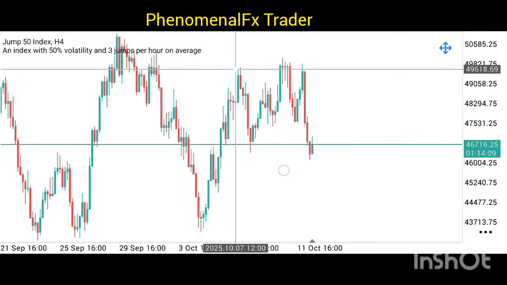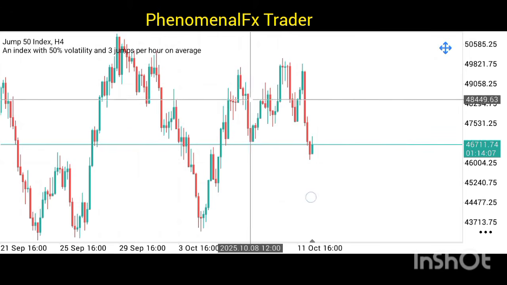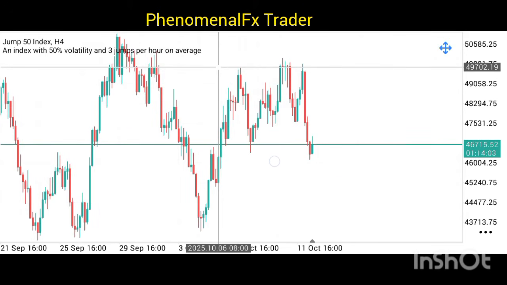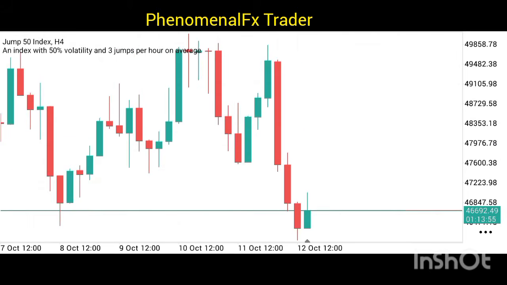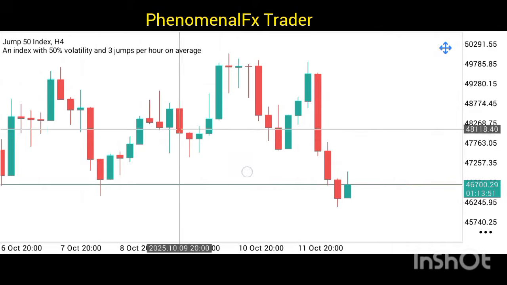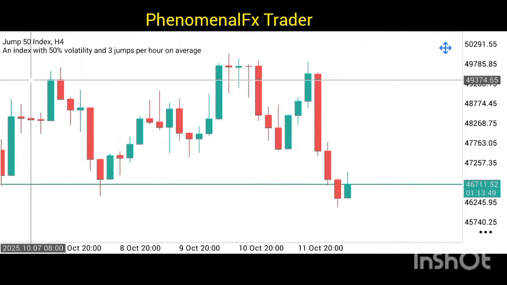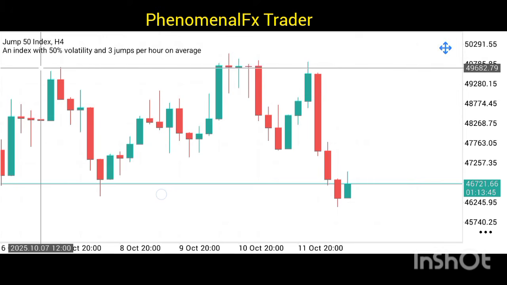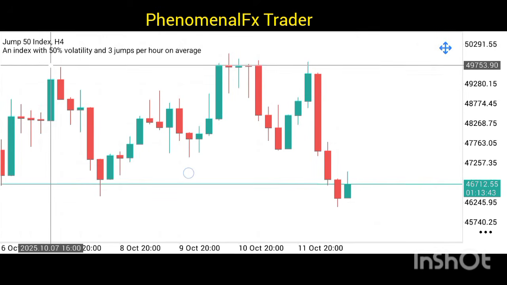But when it got to this high, it pulled back, then went up again, and then broke structure here at this point. I don't know if I'll call this maybe an internal break of structure, because if you look closely, let me try to zoom in. You see the market swept that high and even closed above it.